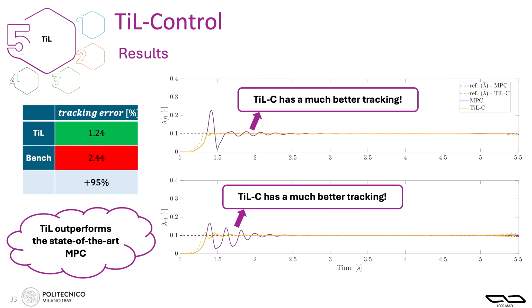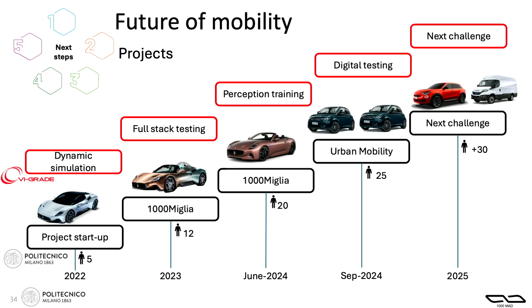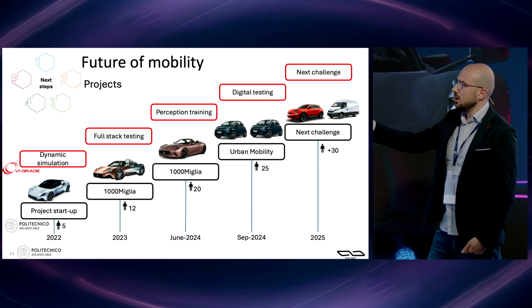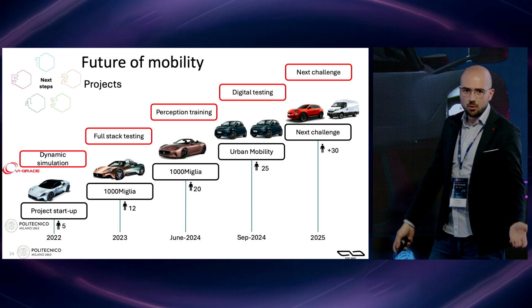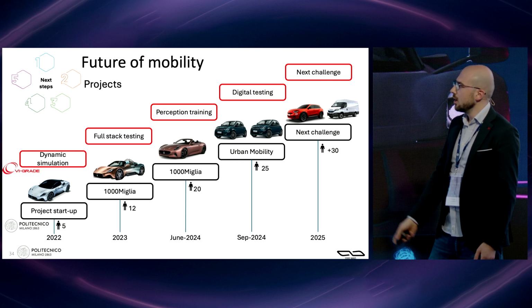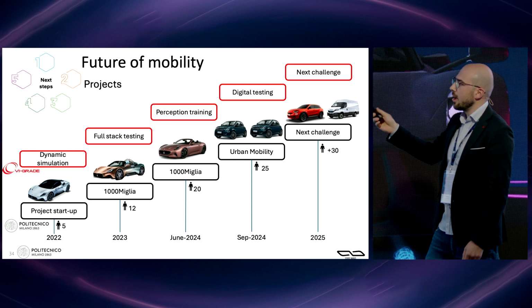in our research topic. Going on, just one last slide about the scaling up of this project. In 2022 we started the project. Last year we made the Miglia with the car you can see outside. We are now taking the next Miglia in a couple of weeks, and we are planning to scale up.